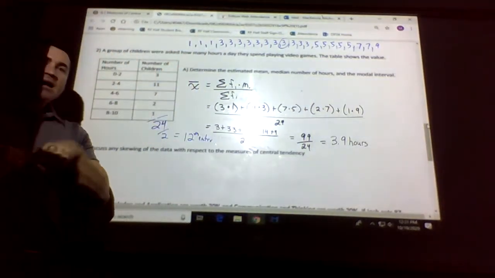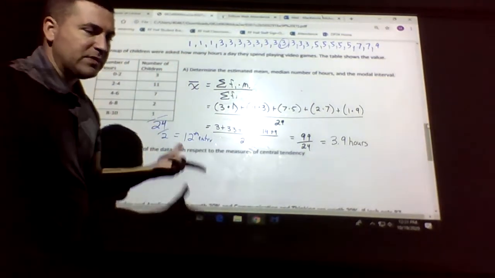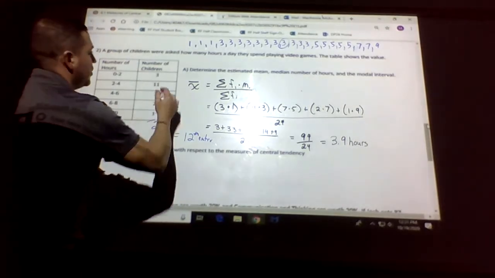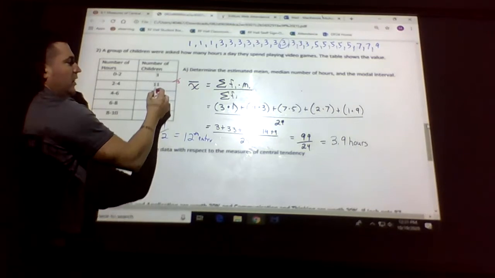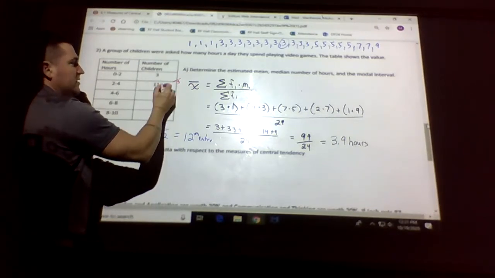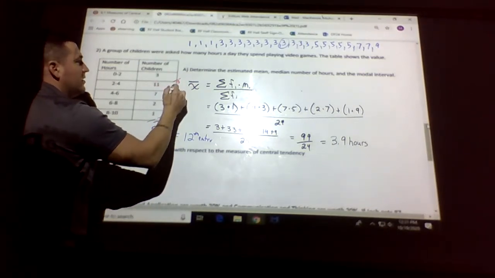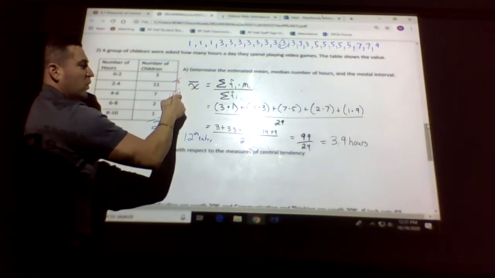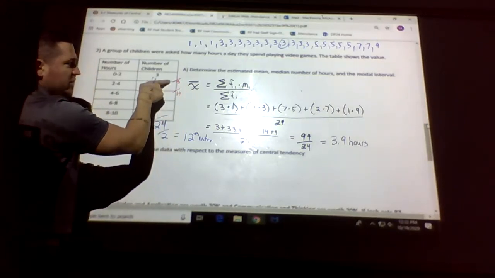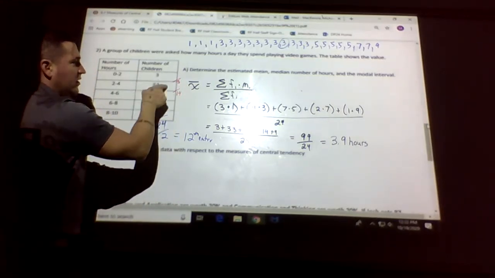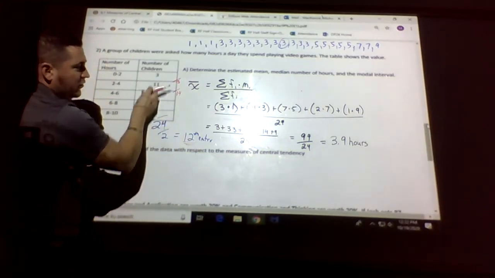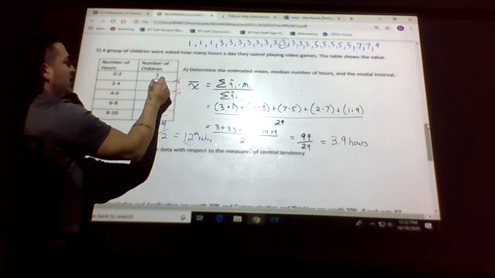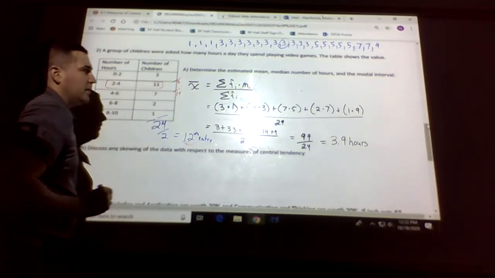Okay, the easier way you could do this is by looking at the chart. You know the first 3 are here. Then you know there's 11 entries in this area. So 3 plus 11 would bring you to the 14th entry. So the entries from 4 to 14 would fall in this area. We want the 12th entry. Well, the 12th entry is in here, so this is our median.